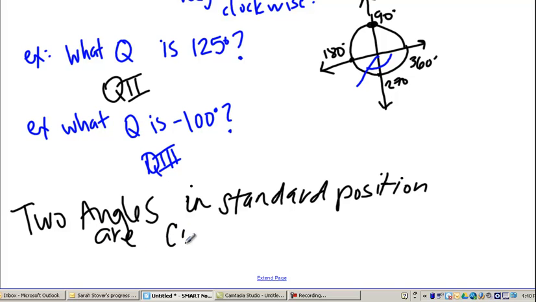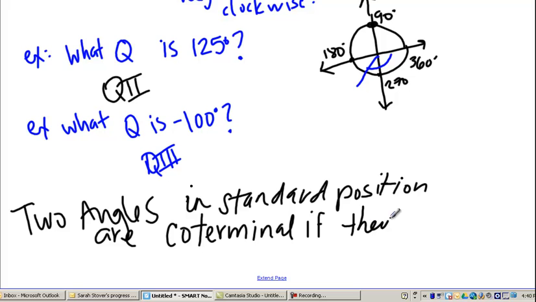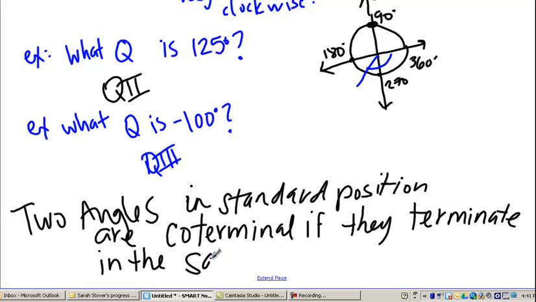Co means the same, so coterminal if they terminate in the same place.